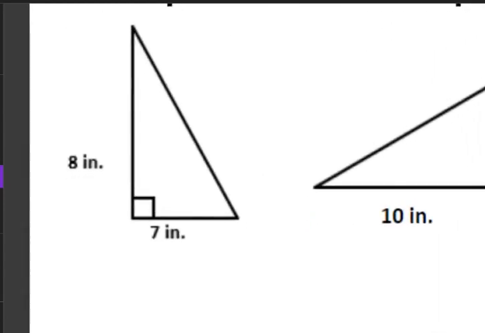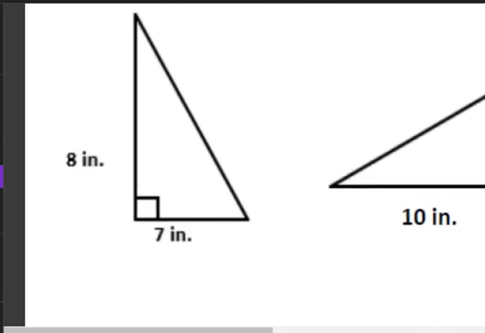So what I like to do is I always like to label these. So let's just call 8 our A and 7 our B. That leaves us with the side length we don't know of C. And I always like to just add a question mark there to remind myself that's what I'm trying to find.